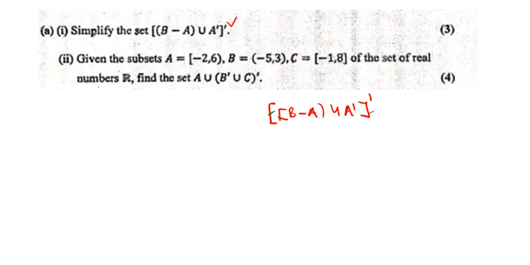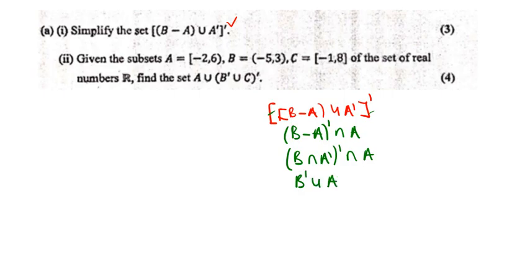So this complement will come there, that would be B minus A complement, then intersection, then that will be just A. Inside there again we can say that will be A complement, then complement, then intersection A. Distributing that, that will be B complement union A, then intersection A. Is that clear?